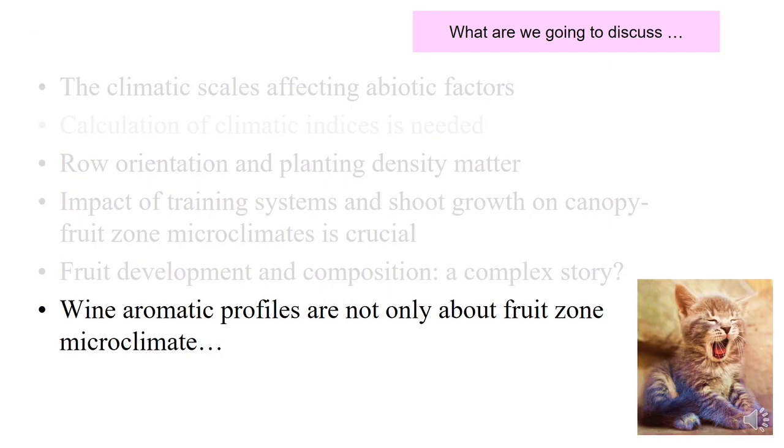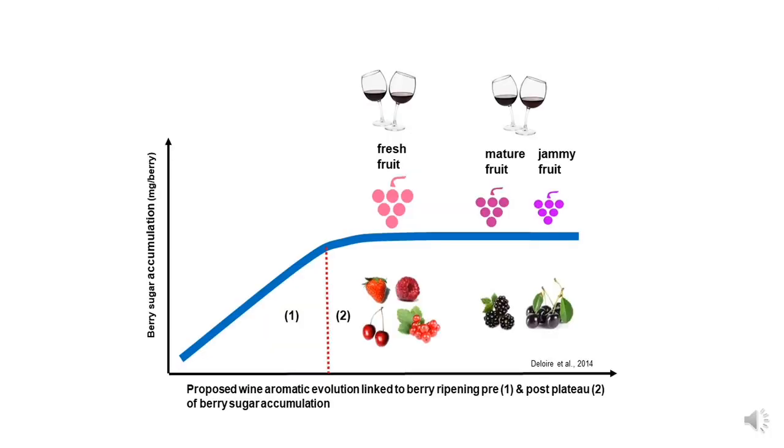Wine aromatic profiles are not only about fruit zone microclimate. Let's talk about it. So, wine style is not only about fruit zone microclimate. Wine style is as well about harvest dates.